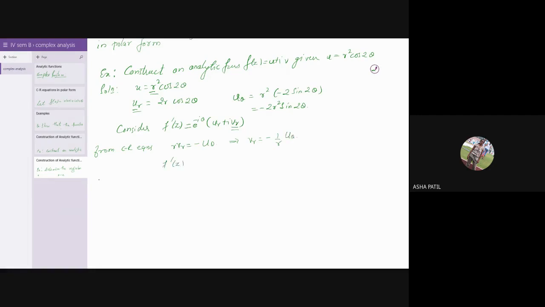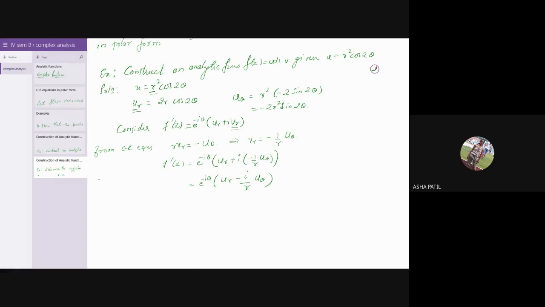So f dash z becomes e raised to minus i theta u r plus i into, instead of v r, we'll write minus 1 by r into u theta. So f dash z becomes e raised to minus i theta, u r minus i divided by r into u theta.